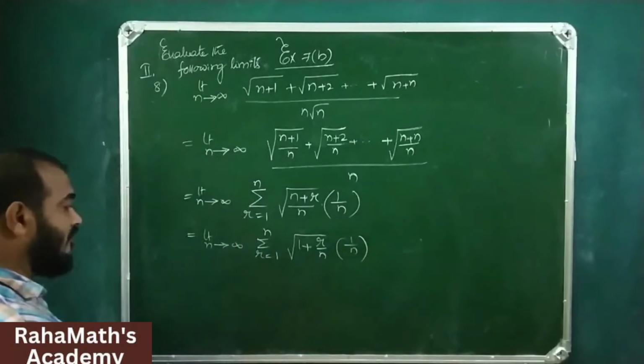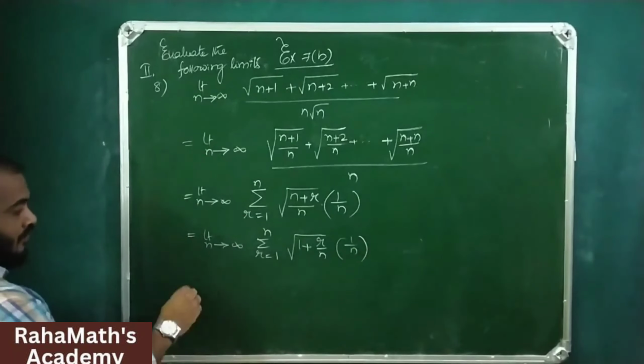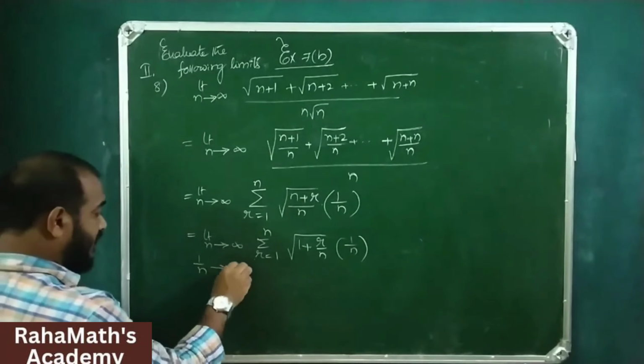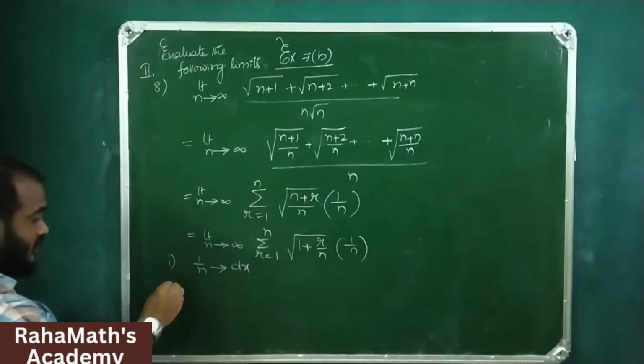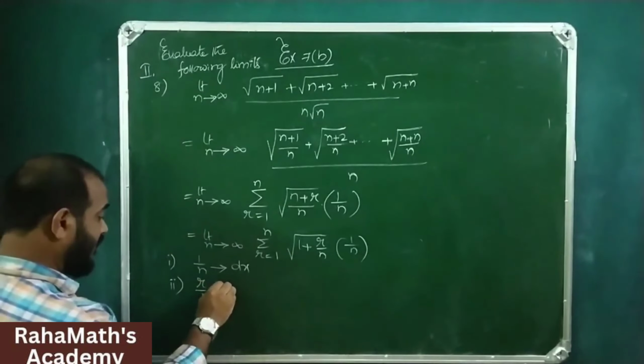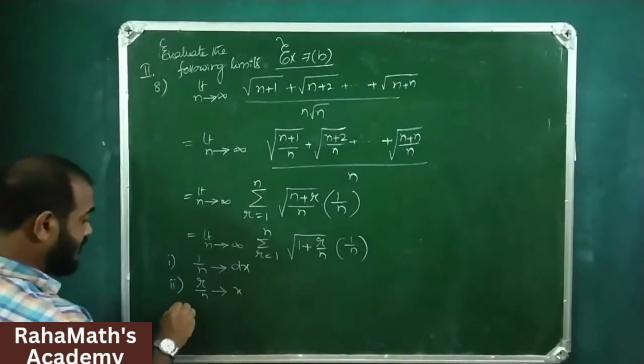Now, as we have discussed, first, 1 by n is replaced with dx. Second, r by n is replaced with x.